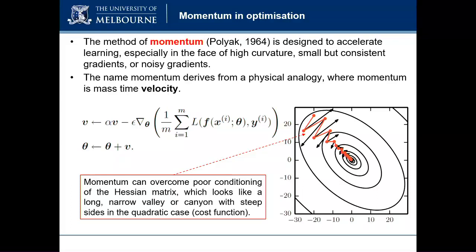Its condition may not be good, so it may be ill-conditioned locally. So people have, if you have high curvatures, so small gradients or noisy gradients, as we have in this case, this goes back to the 60s, by the way. This is a very, very old idea, momentum in optimization.